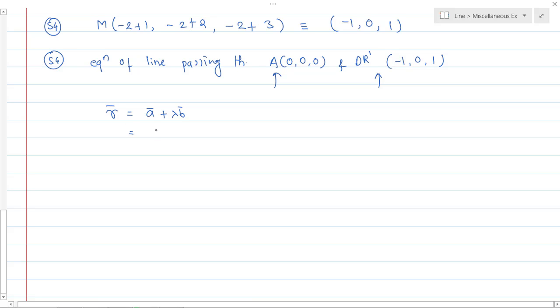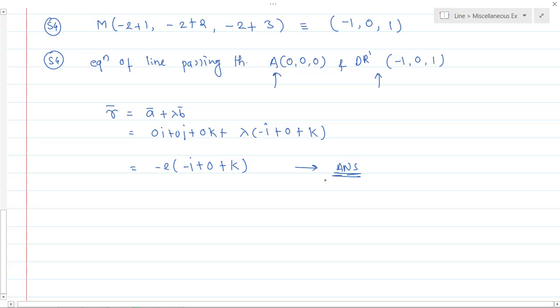So that is 0i plus 0j plus 0k plus lambda in bracket (minus i plus 0j plus k). We get the lambda value equal to minus 2, so it is minus 2 into (minus i plus 0j plus k). Okay, so this is the answer to the question.